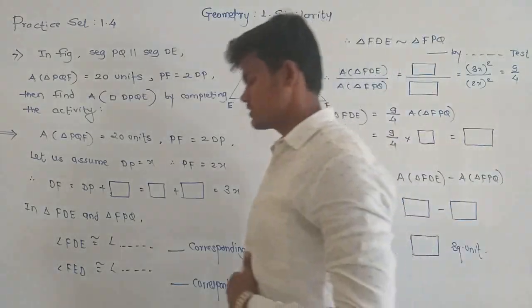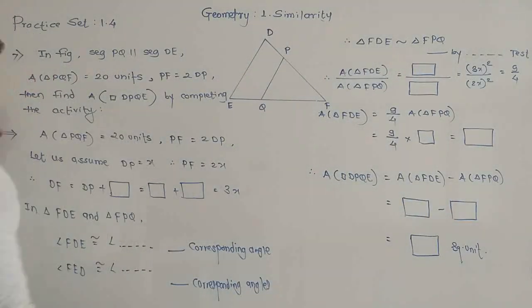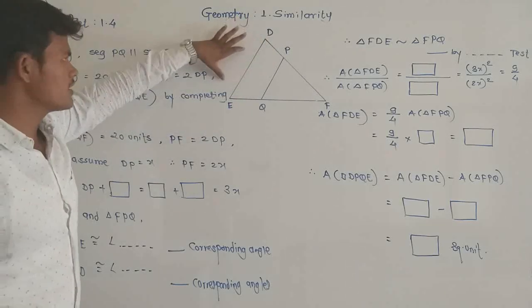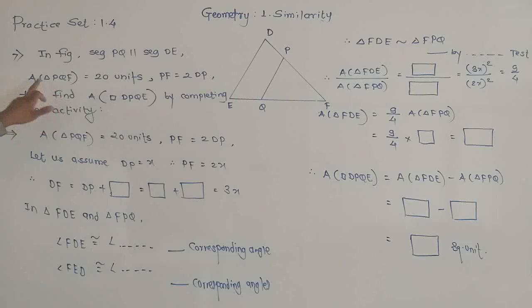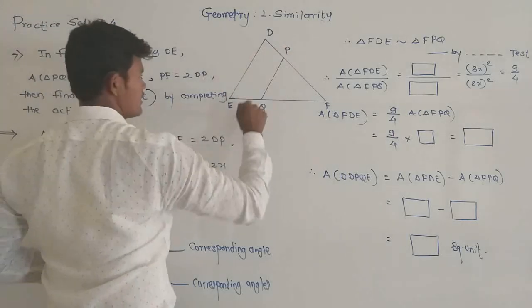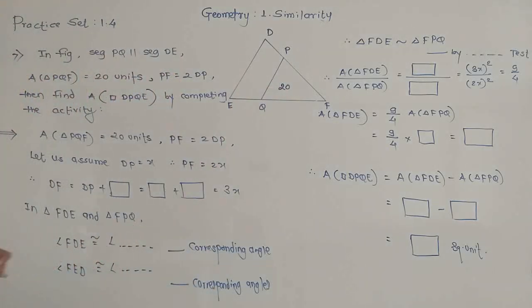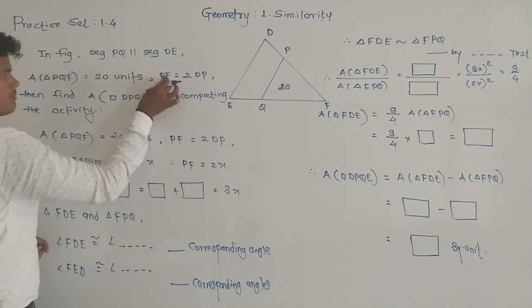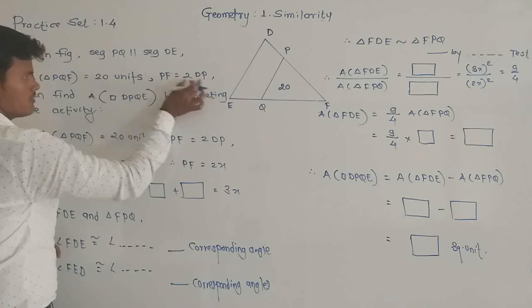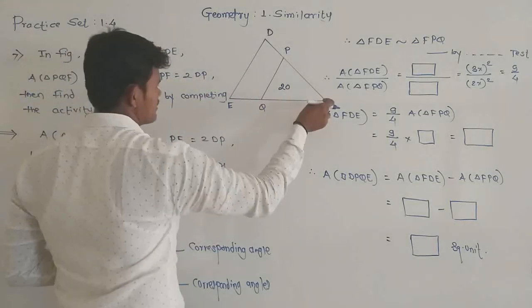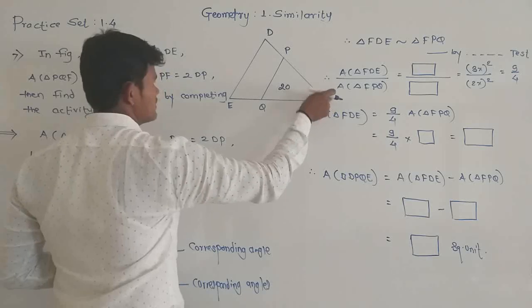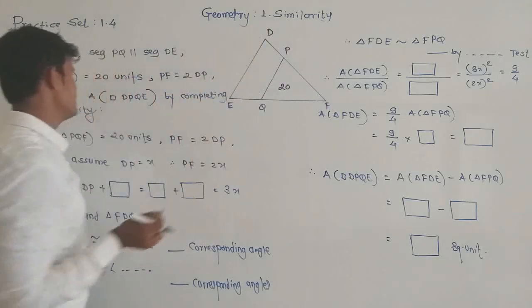The last question, which is an activity based question: in the figure, segment PQ is parallel to segment DE. Also given that the area of triangle PQF is 20 units. Also given that PF is equal to twice DP.